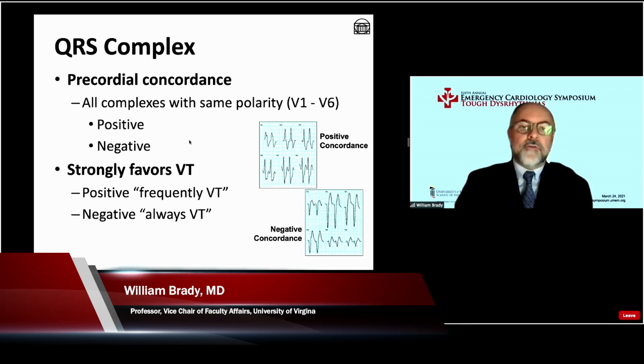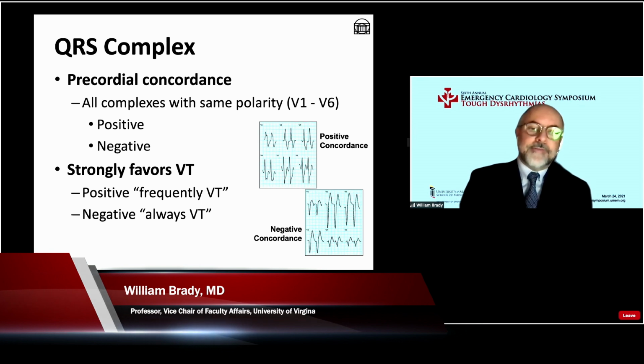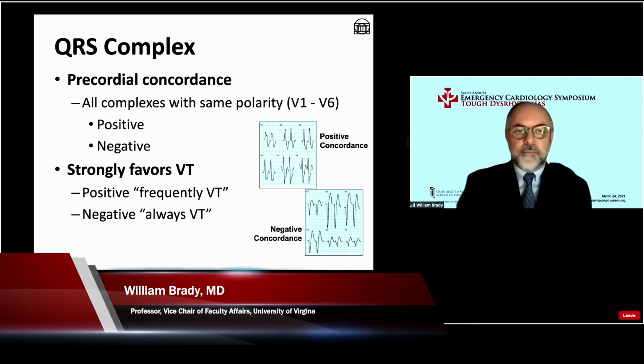Now, the third issue I want to mention briefly is the concept of precordial concordance. This refers to the polarity of the QRS complexes in the wide complex rhythm. You tend to have positive precordial concordance when all the QRS complexes are positive or mostly positive, and you have negative concordance when the QRS complexes are all or mostly negative from V1 to V6.